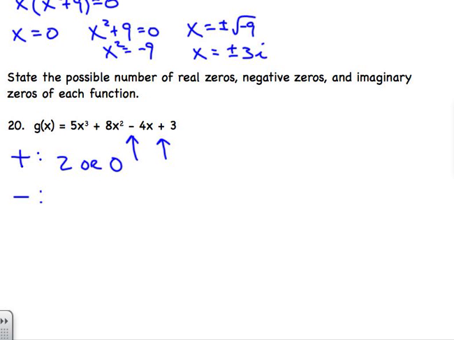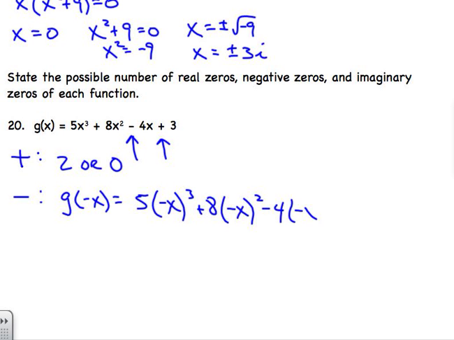The first thing we need to do is figure out what g of minus x is. So wherever there was an x, I'm now going to plug in a minus x. We do have to simplify it before we count up the sign changes.